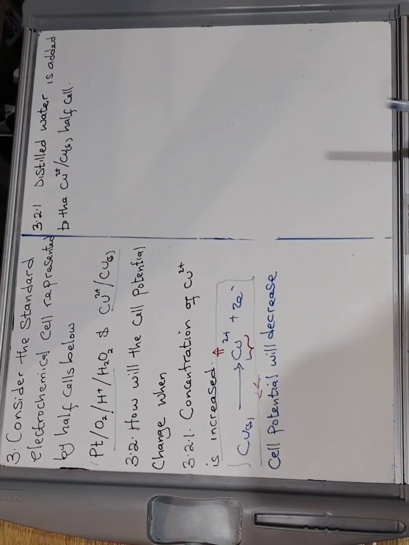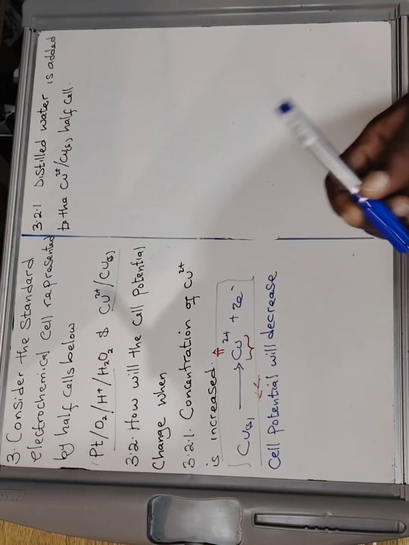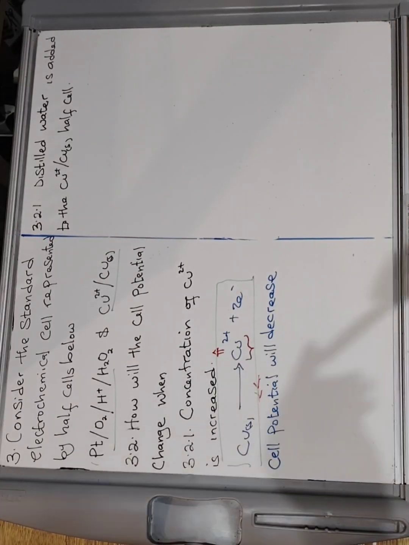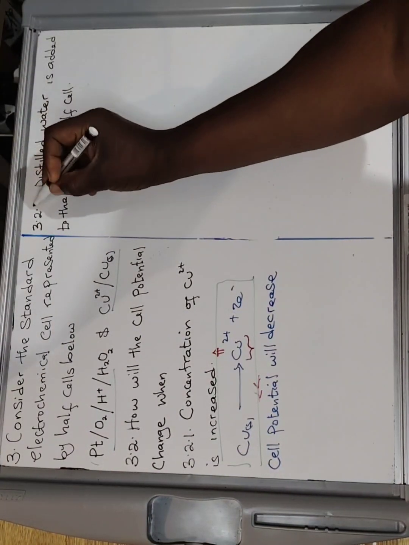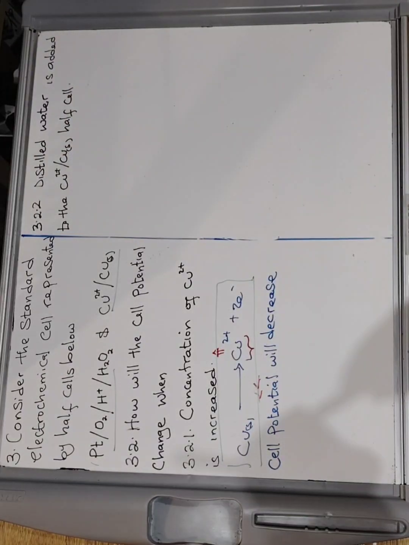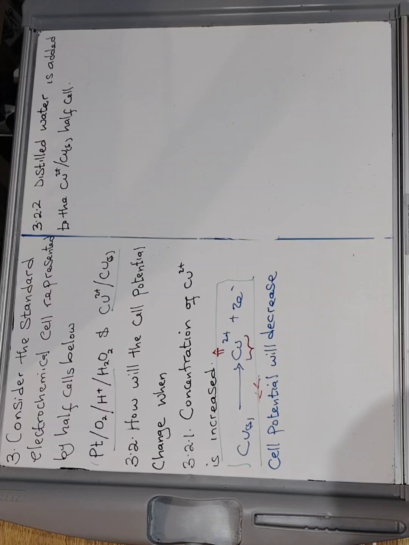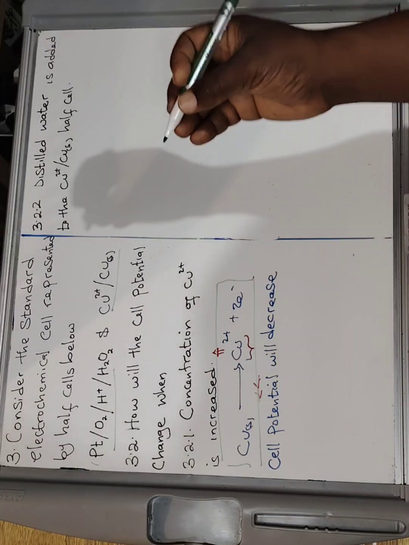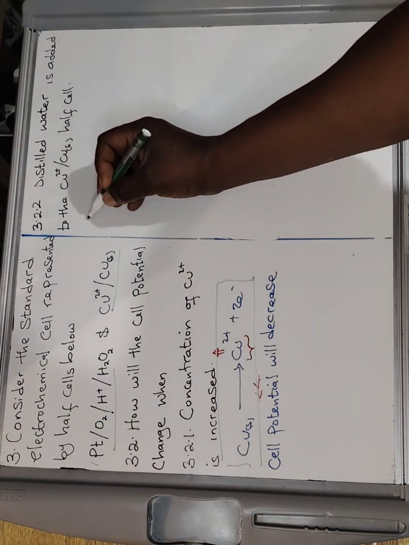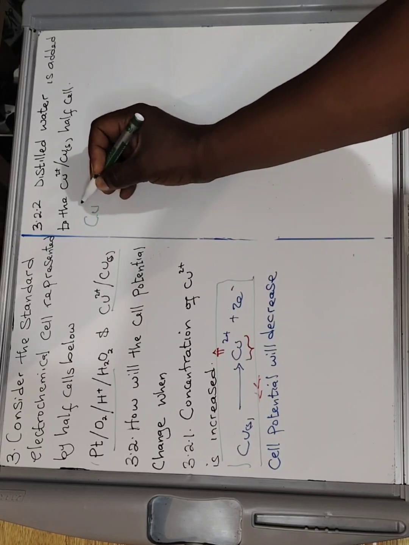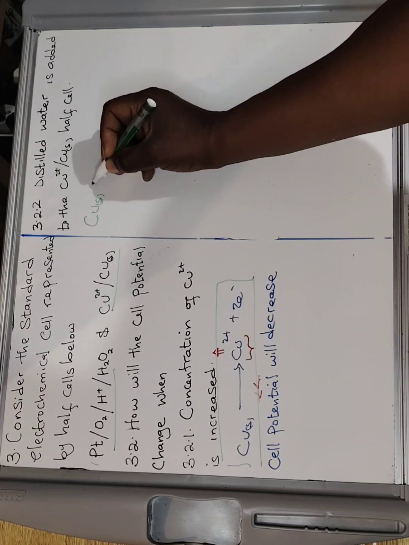Okay. Then comes this question, 3.2.2. It says, how will the cell potential change when distilled water is added to the copper half cell? Like we said before, to answer this question, you need the half reaction. And you have to recall that the half reaction at the copper half cell is oxidation.